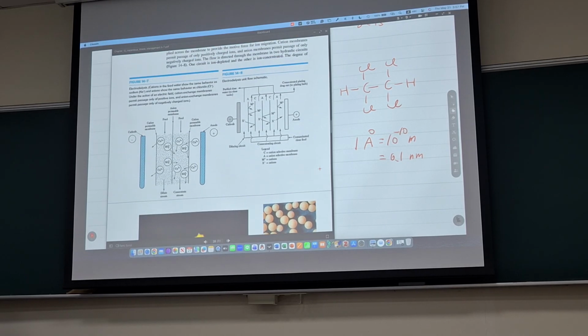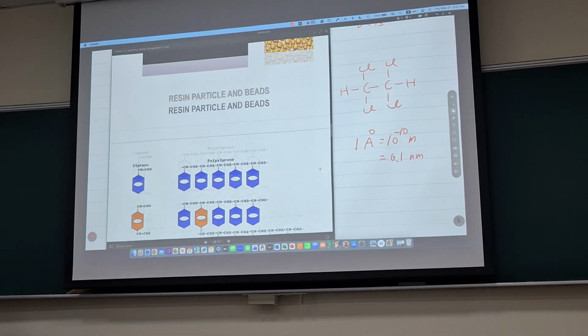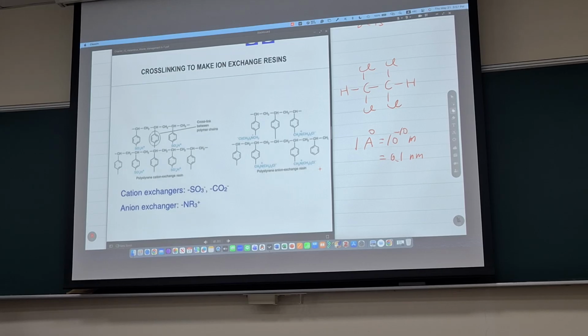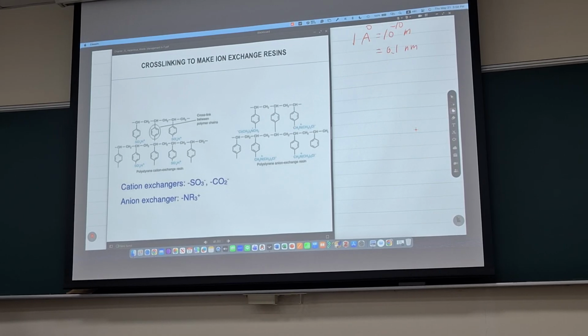Okay, so some basic idea of ion exchange, for example, like this. There are two kinds of ion exchange. One is cation exchange.